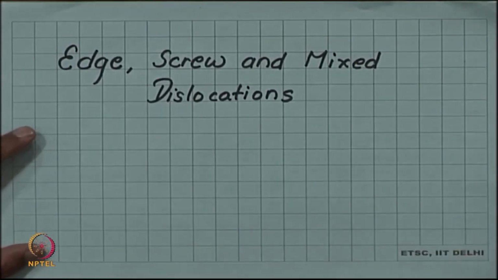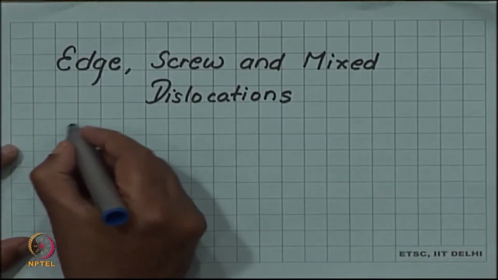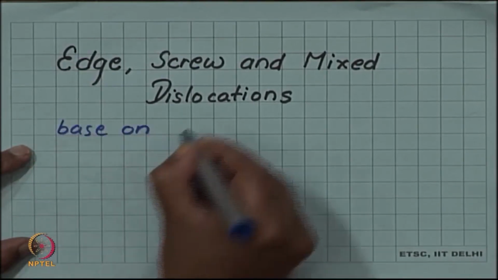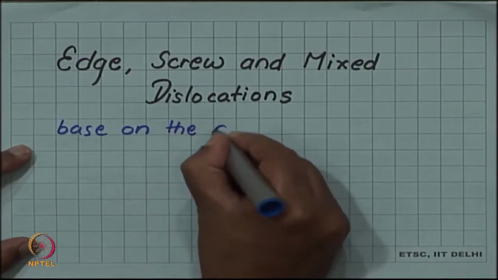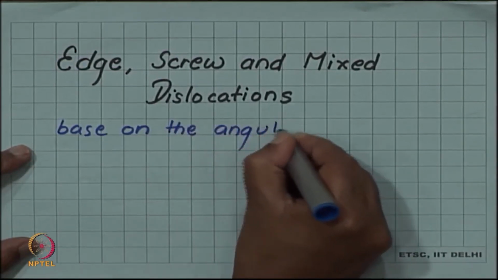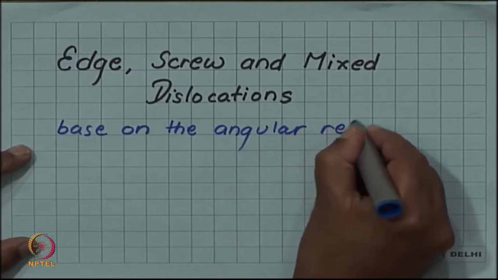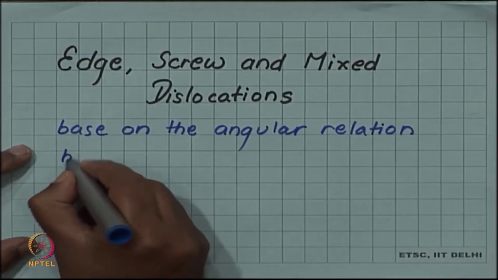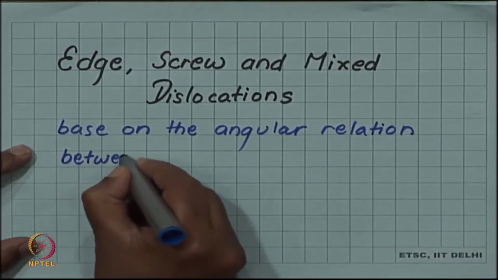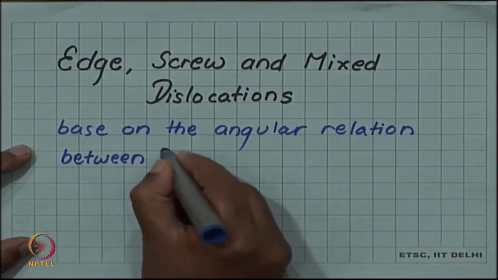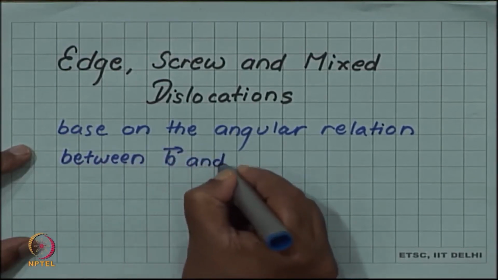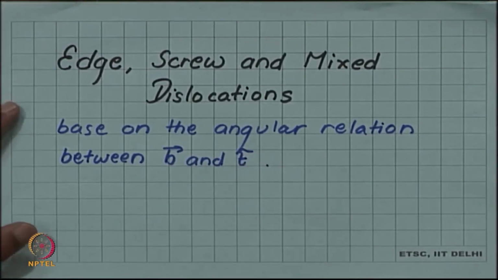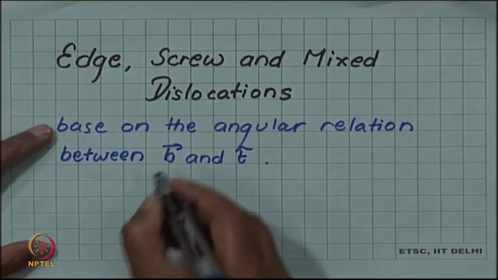This classification is based on the angular relation between B and T, the Burgers vector and the tangent vector, which we discussed in the previous video.